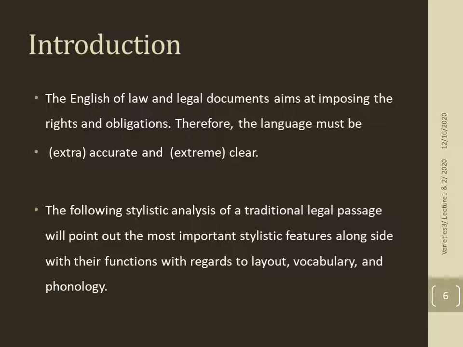All right, so the language must be extra accurate and extremely clear. The following stylistic analysis of a traditional legal passage will point out the most important stylistic features alongside their functions with regard to layout, vocabulary, and phonology.